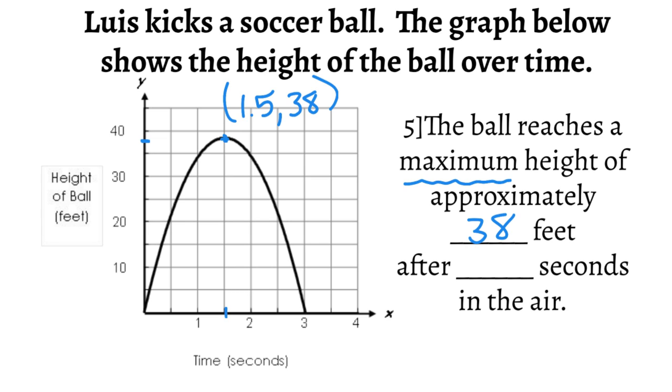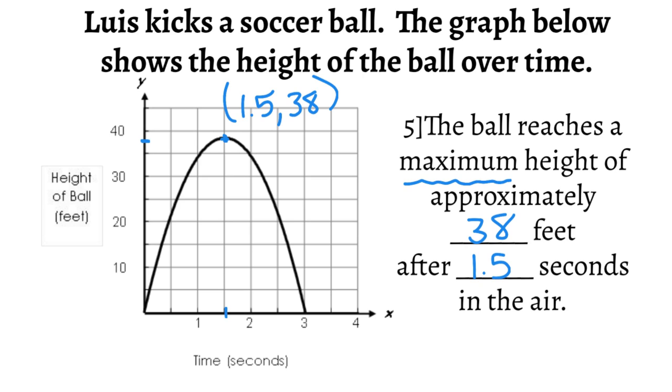How long does it take for it to reach that height? Now we're going to look at the time. The time is the x-axis. So the time here is 1.5. So after about 1.5 seconds, it will reach the maximum height of 38 feet, and then eventually the rest of the time it'll take to go back to the ground.